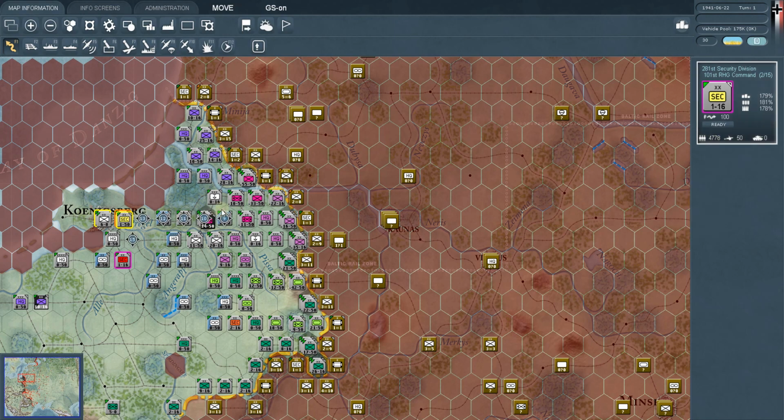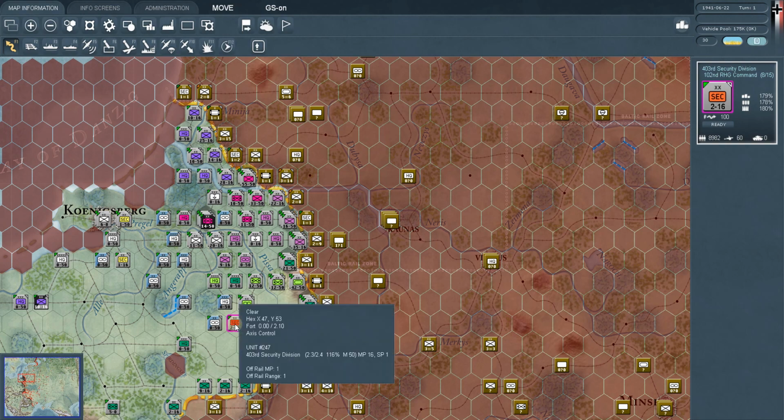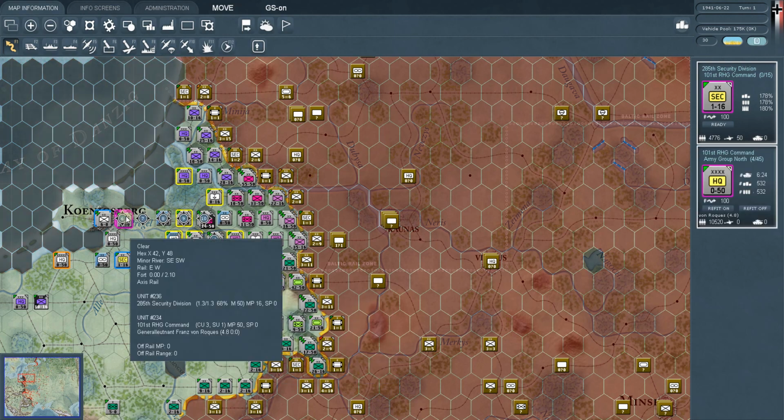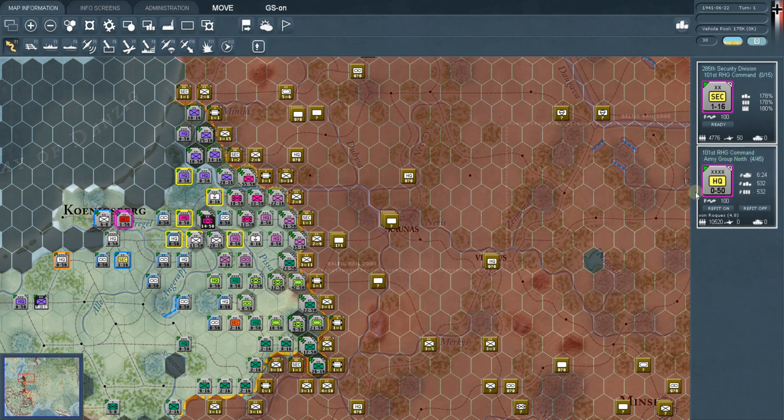So we will be taking, and you see here, this is a different one, this is in orange. So they've been given different colors, and they have a headquarters. So you see the 101st, these were special German units, RHG command, and this is an acronym based on a German word that I'm not even going to try to pronounce, but there are these RHG commands, so they're treated exactly the same way.